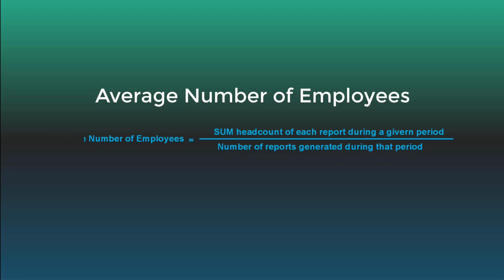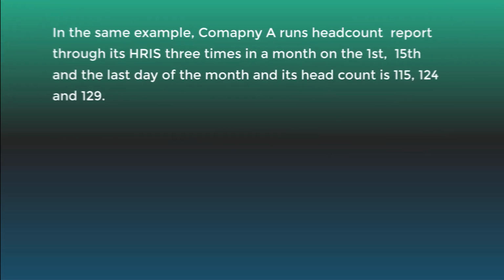Now consider the same example, company A. As we discussed earlier, this company runs headcount through its HRIS 3 times in a month, on the first day of the month, the 15th, and the last day of the month, and its headcount is 115, 124, and 129 on these days respectively.